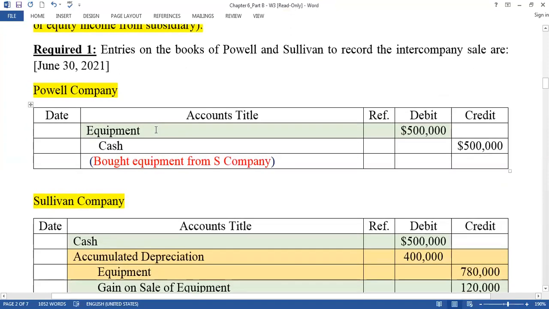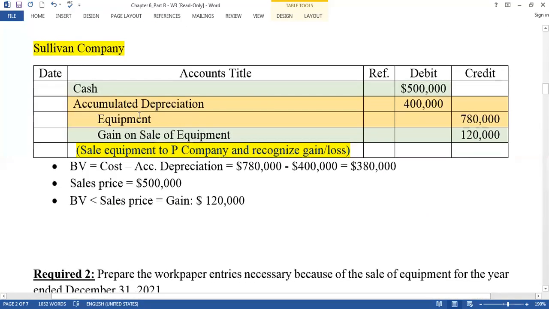Now, just for your information, we recorded $500,000. Later on, we have to add something to make it original shape. This is one part. Another part is the intercompany gain or loss, which we need to eliminate.